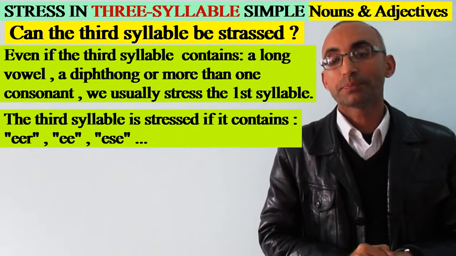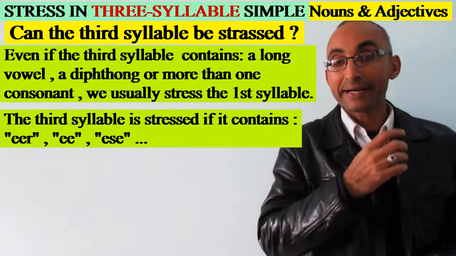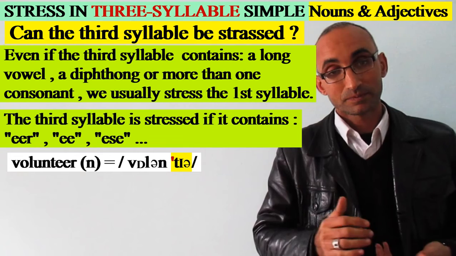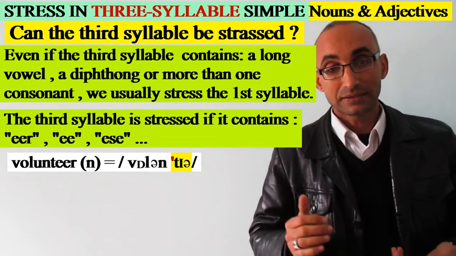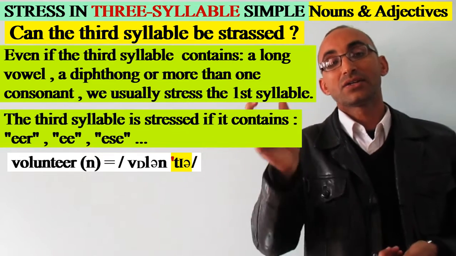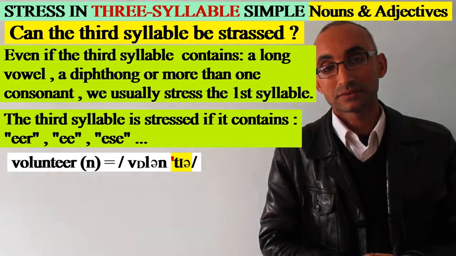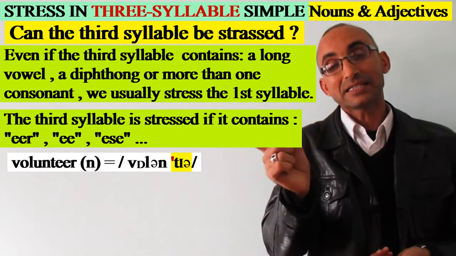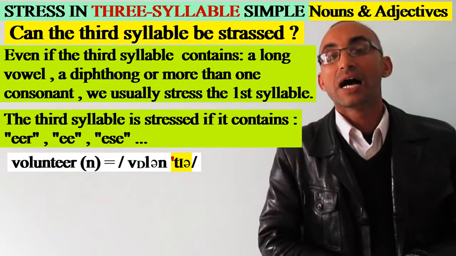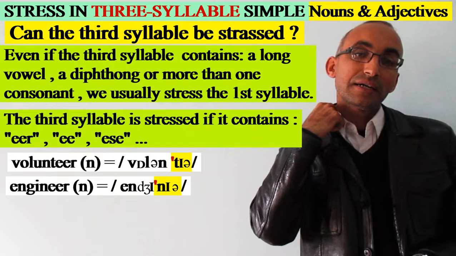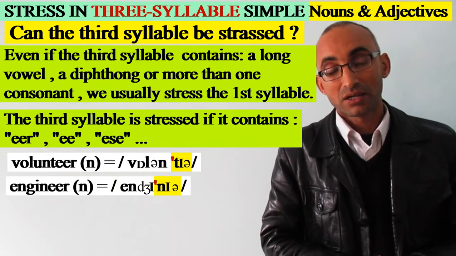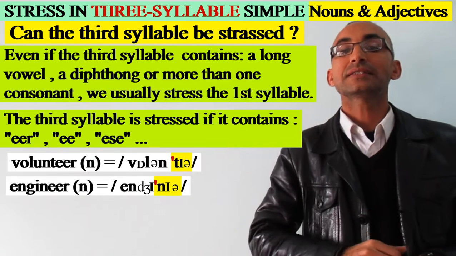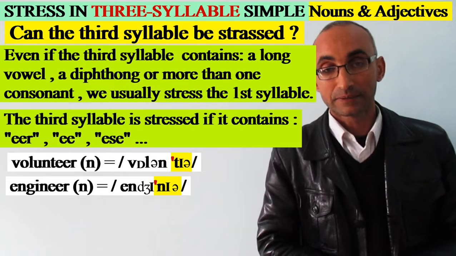For example, for ia I have volunteer. So here I stress tia, the third syllable. It contains diphthong ia, and it ends with er. And also engineer. So ia here, nia, is stressed, clear?